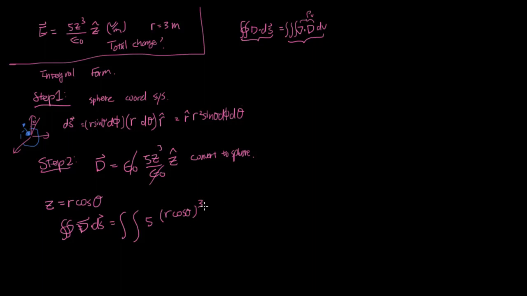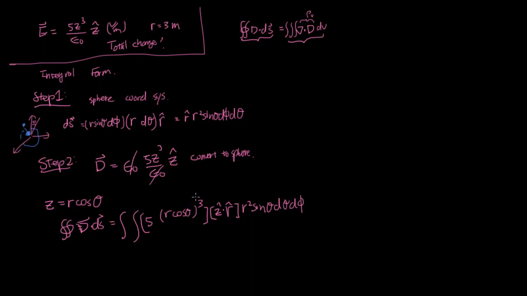That's our D expression. And then we have z hat dot ds, so we have z hat dot r hat. And then we have our ds, which is r squared sine theta d theta d phi.